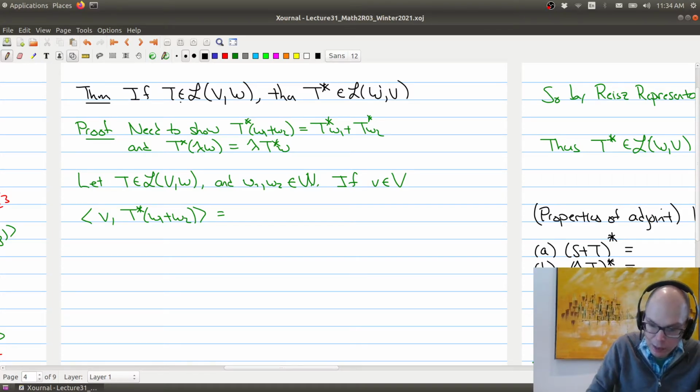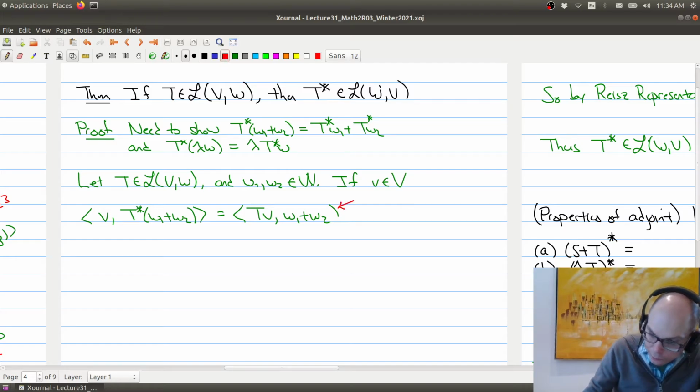So let's take a linear map from V to W, and let's take two elements, W1, W2 in W. If V is any element in our vector space, we know that the inner product of V with the adjoint of T of W1 plus W2 is equal to the inner product of TV with W1 plus W2. This is the definition of the adjoint.